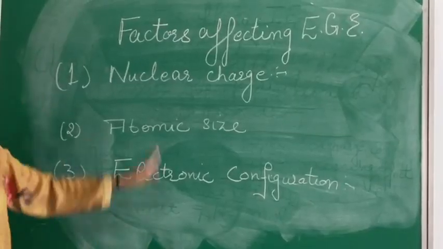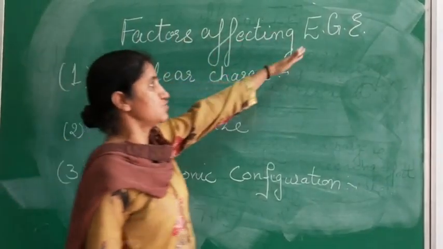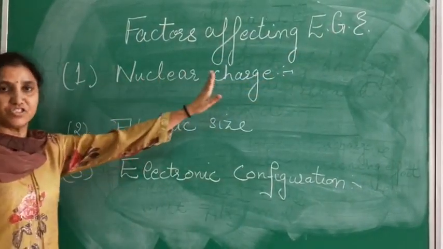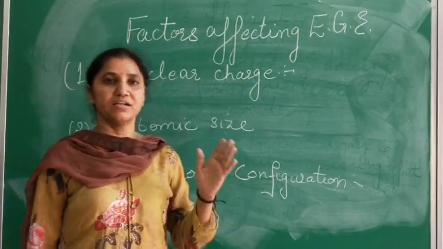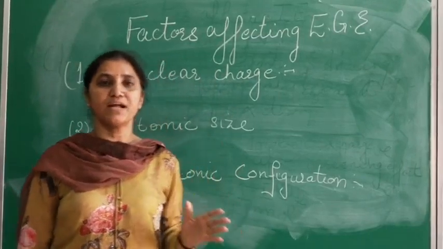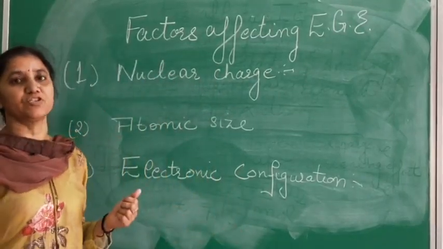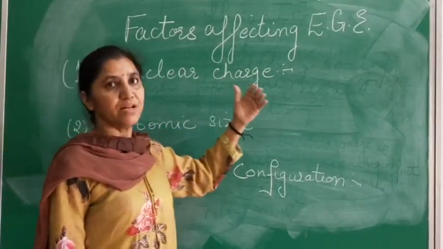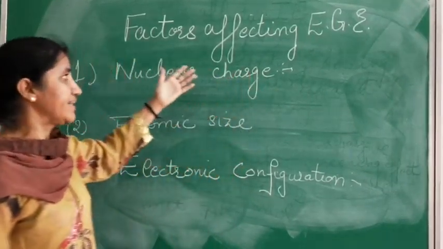Now next, come to the factors which affect electron gain enthalpy. The first factor is nuclear charge. As the nuclear charge increases, the force of attraction on the incoming electron will also increase. So the incoming electron will be easily accepted by the atom.